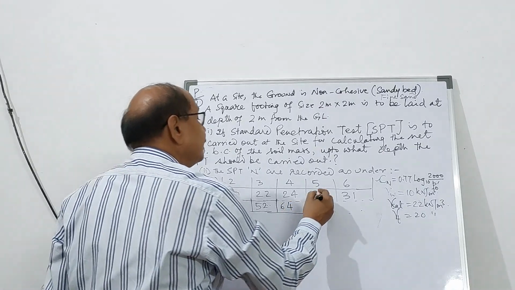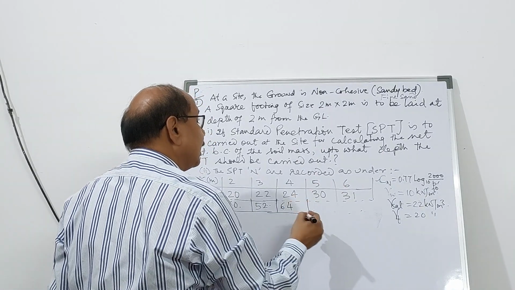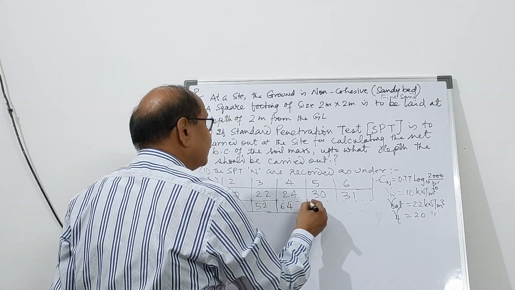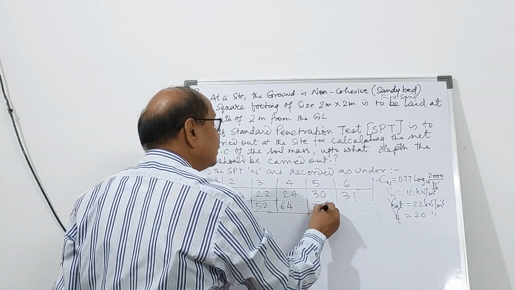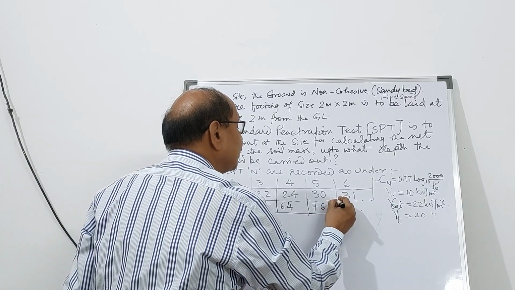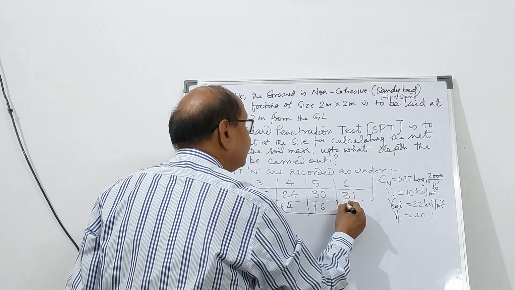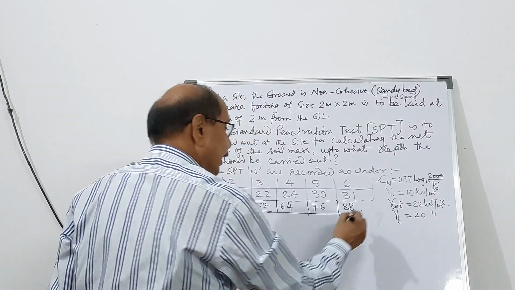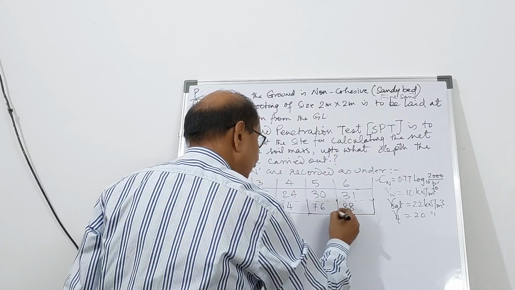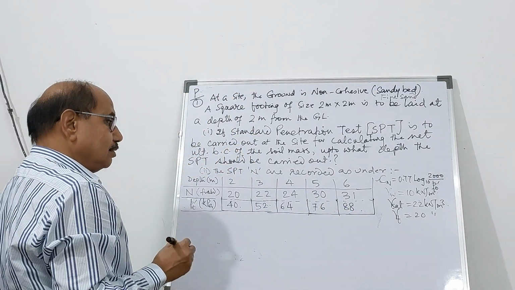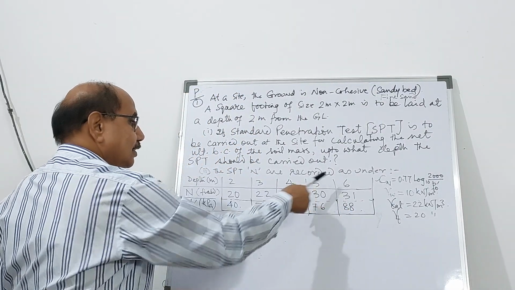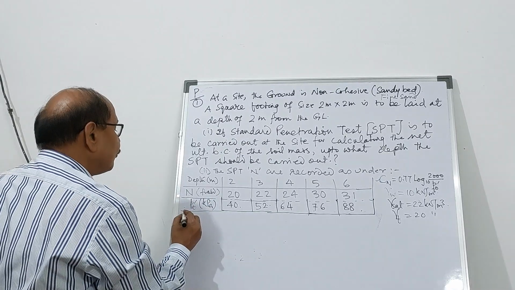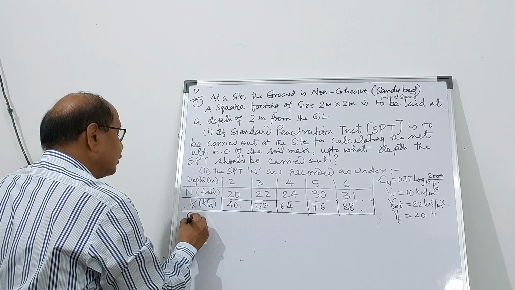Then at the 5th meter, it will be 64 plus 12, that is 76, and subsequently plus 12, it is going to be 88 kilopascal at 6 meter depth. So effective overburden pressure has been calculated. Therefore, we can calculate now the correction factor.